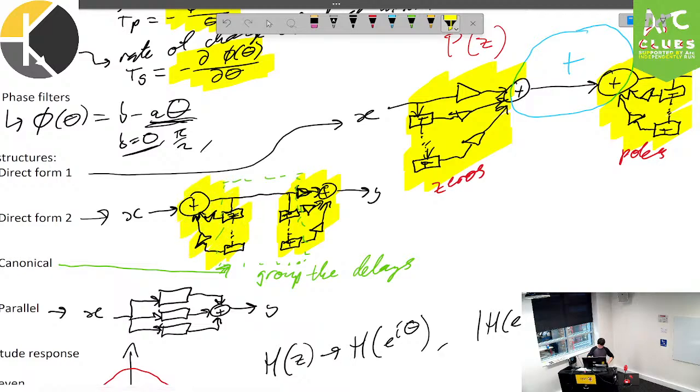We just shift things around. And so in this instance, we deal with zeros second and poles first. All right? And then in which case, we're able to join our delays together because they're all in the same place, essentially.